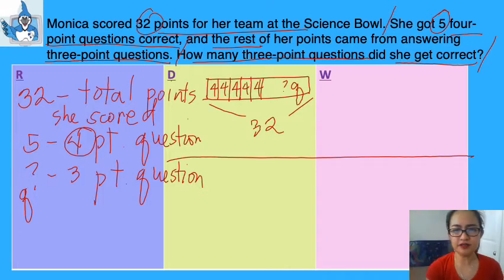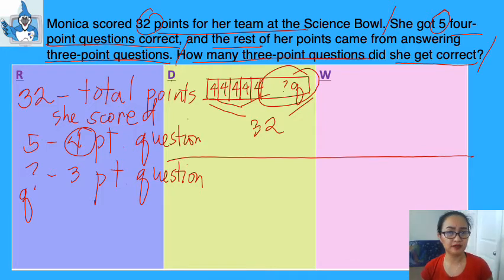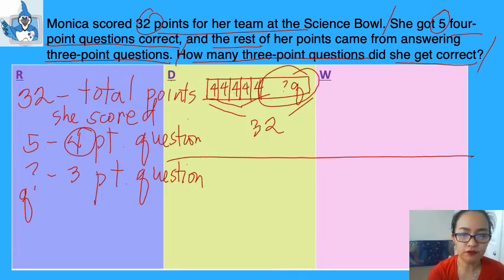Now to figure this out, I have to make sure that I know the subtotal. When I say sub, it's just part of the whole thing. The subtotal of the 4-point question. Let's count. 4, 4, 4, 4, 4. That's 5 groups of 4, which is 5 times 4.